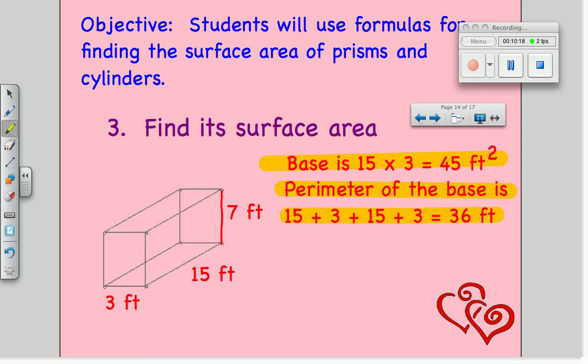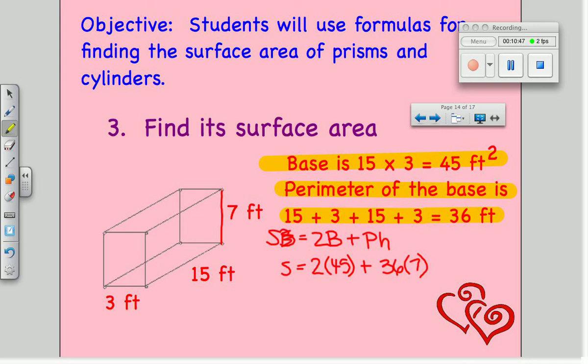So now remember our formula. Surface area is 2 times the base area plus the perimeter of the base times the height. So 2 times the base area, which is 45, plus the perimeter is 36 and the height is 7.